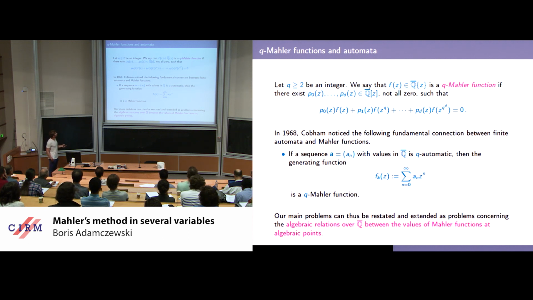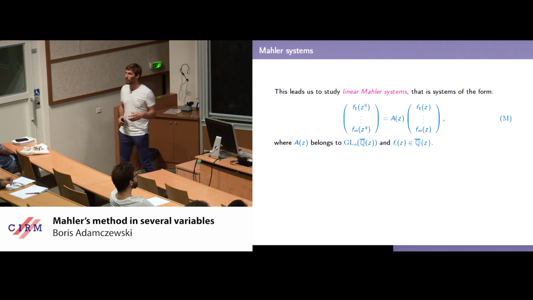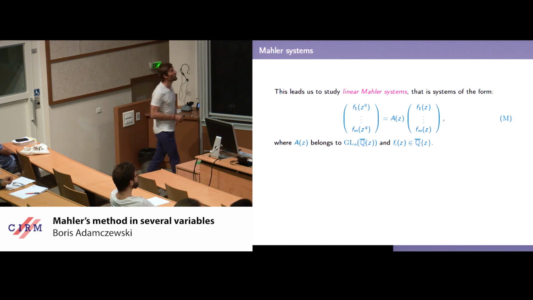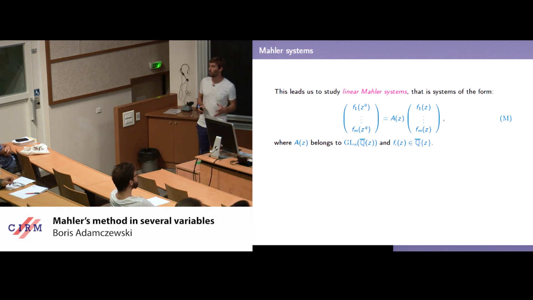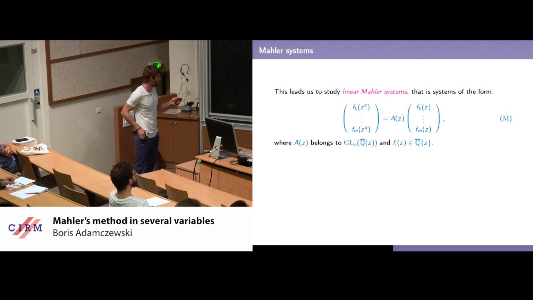Okay, so now what do we know about Mahler functions? If we want to study linear equations, it's like with the theory of differential equations, it's more comfortable to move the equation to linear systems. So we will study the linear Mahler system.